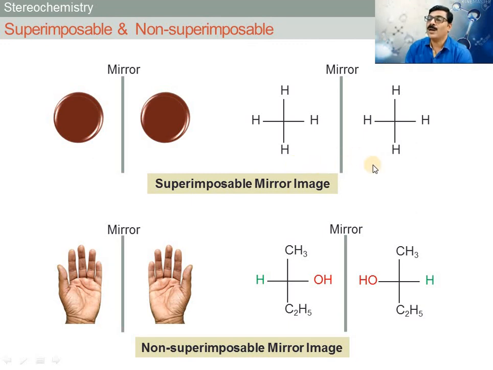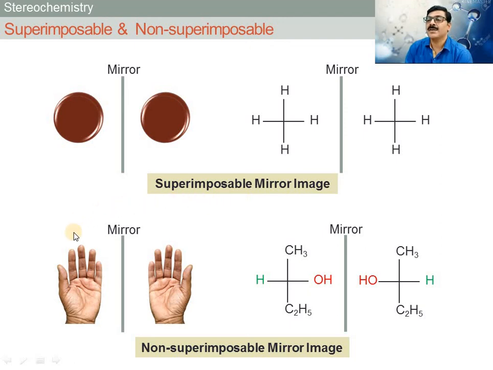Means all four hydrogens are identical. Means if the valency of the carbon atom is satisfied by similar groups, then it forms a superimposable mirror image, means an identical mirror image.